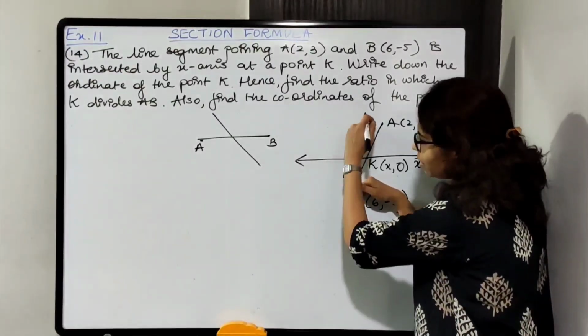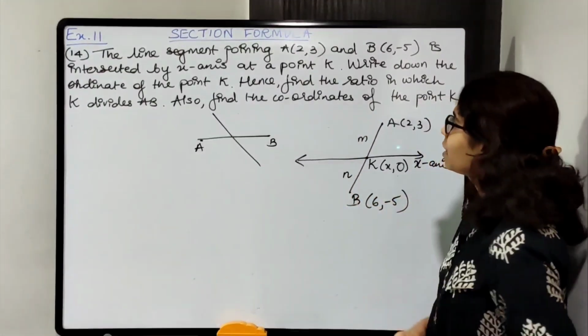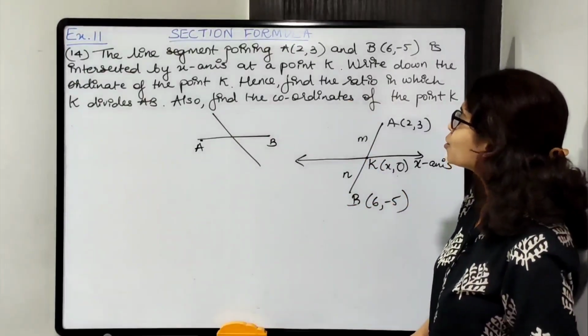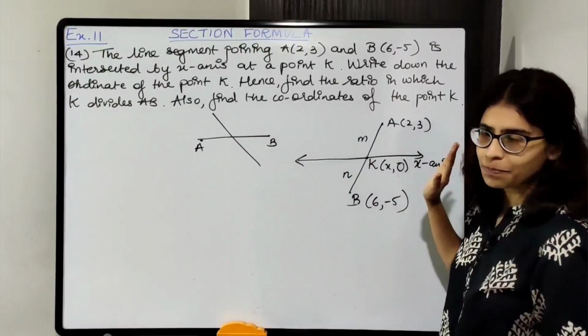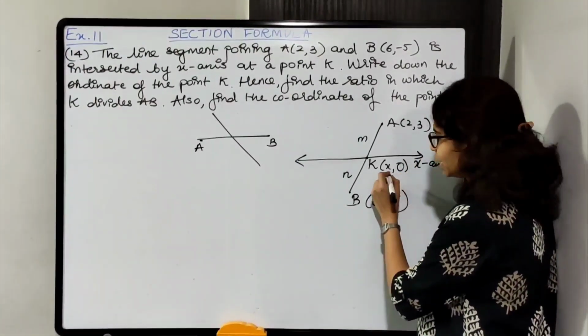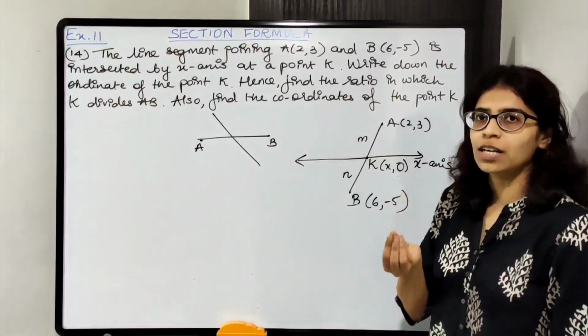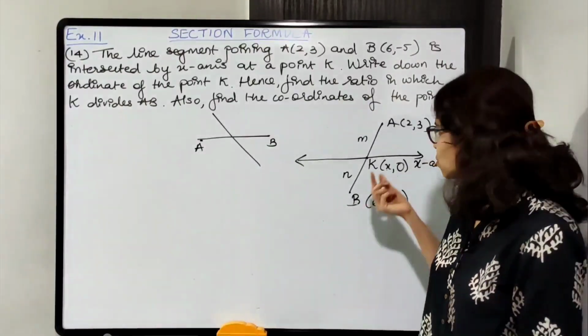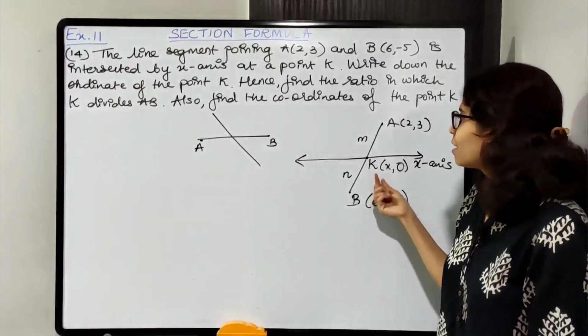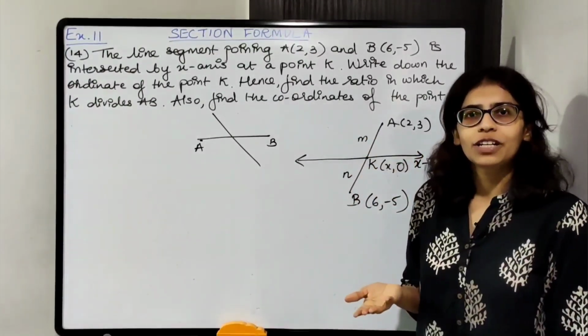So the ratio we need to find, that is m is to n. Also find the coordinates of the point K. We know this, this is 0, but this we need to find out. What is the x coordinate, we need to find out. So once you get x coordinate, you will come to know what are the coordinates of K. M and n we have to find first.